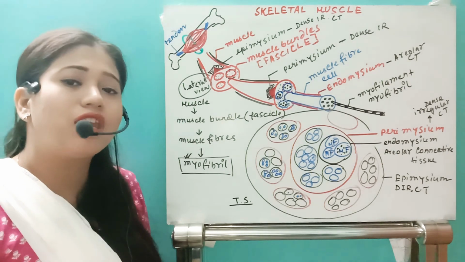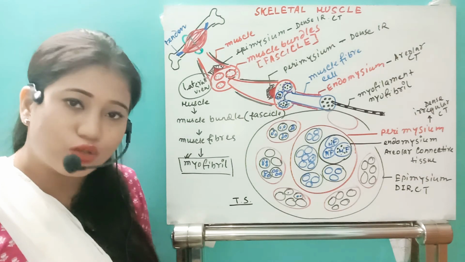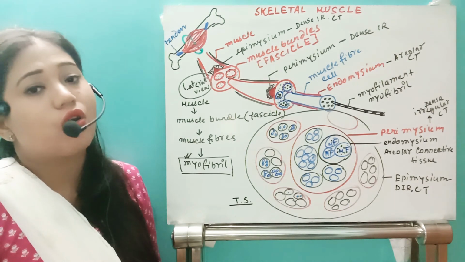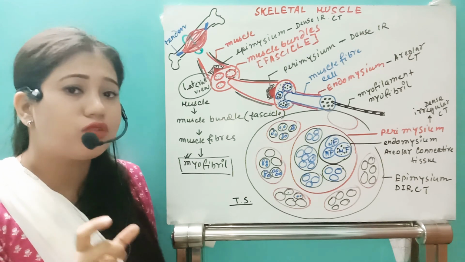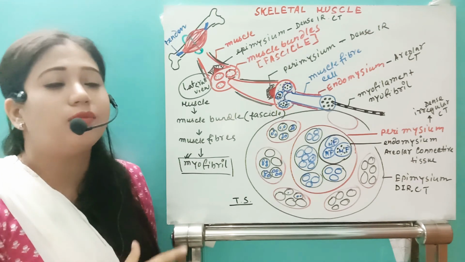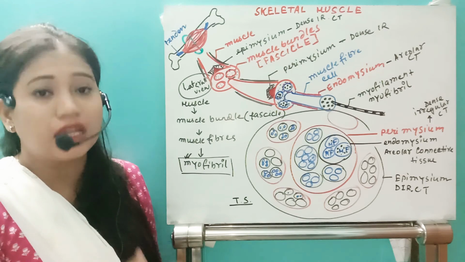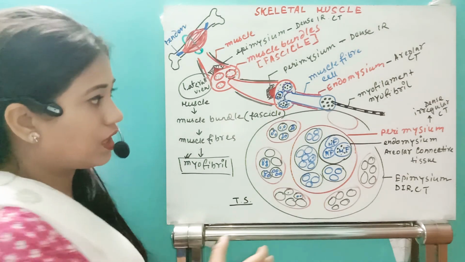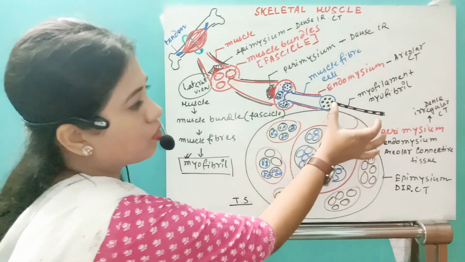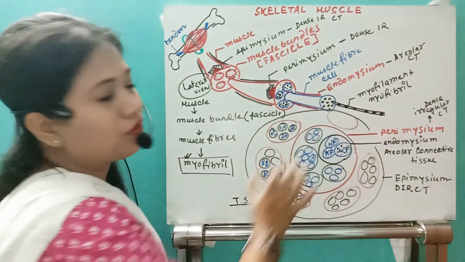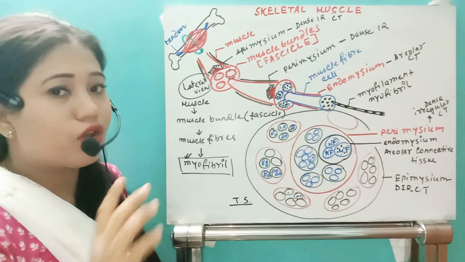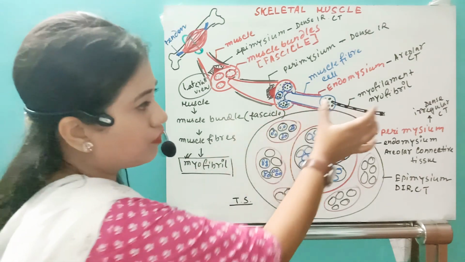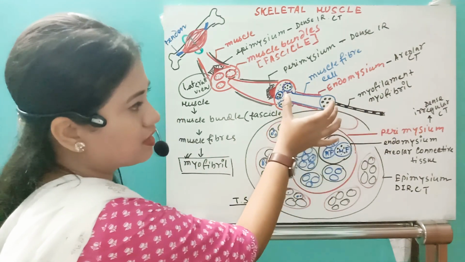Those filaments have some proteins, so we will concentrate on all those proteins. The functional unit of contraction, known as the sarcomere, will come in the next video. We will start our video from this myofilament, which is present inside the cell.